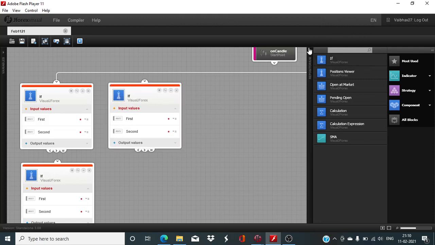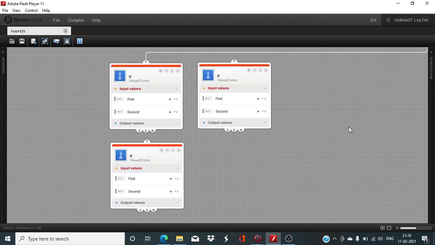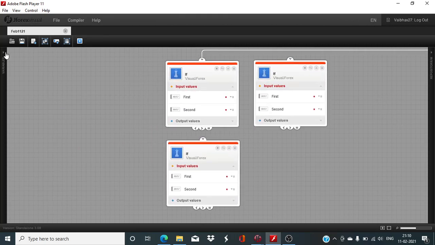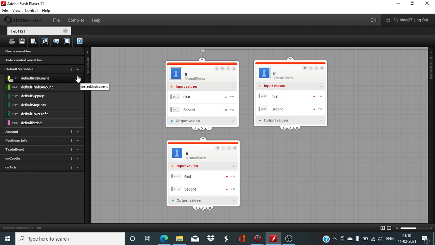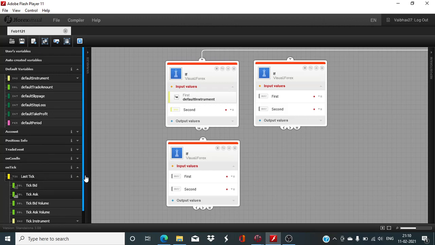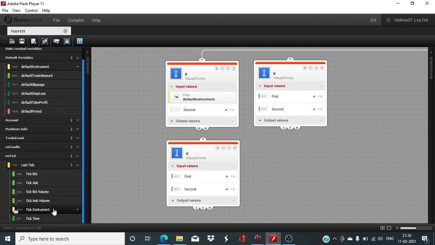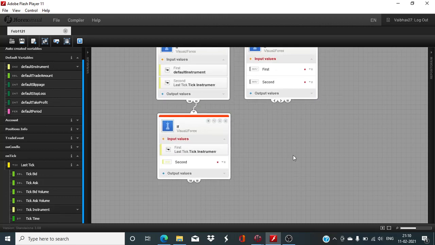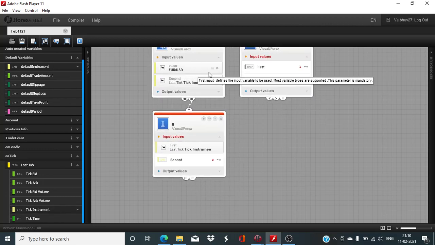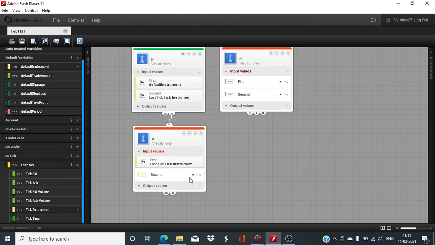I will need the first 3 blocks, and then I will also add the indicator blocks. So first things first, the default instrument needs to be taken into consideration, and the default instrument should match the on tick instrument, and this last tick instrument in turn should be the instrument of our choice. So first, we are simply going to work with the Euro USD, so I am not making any changes here. And instead, I will have to now look for Euro USD in this list.